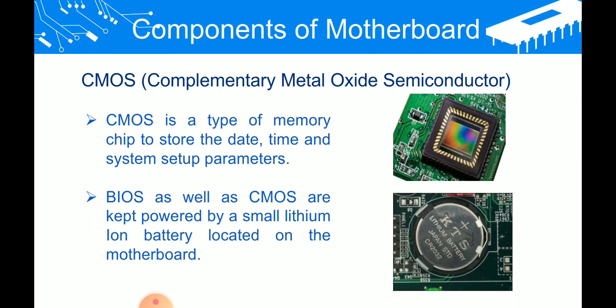It is a memory chip, and it stores date, time and system setup parameters. This will be loaded each time the computer is started. When we switch on the system, it displays the correct time and date. This is because of CMOS.